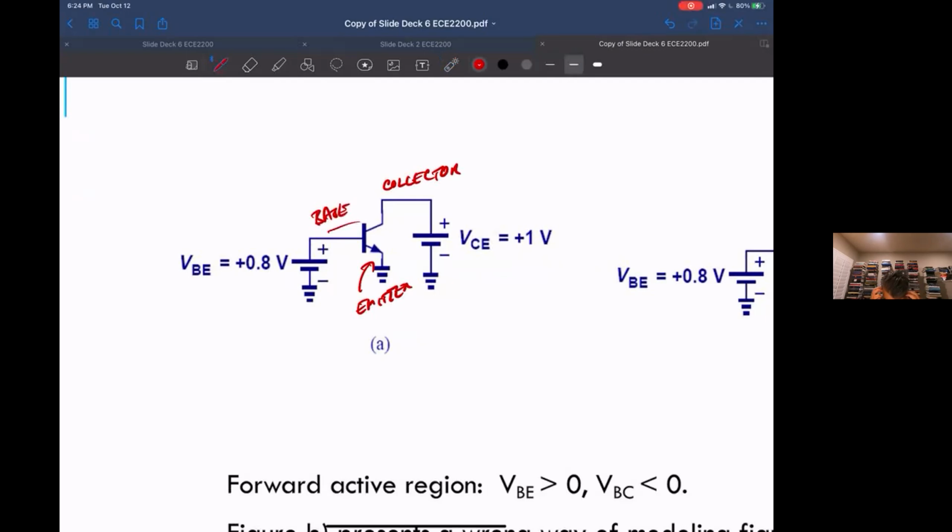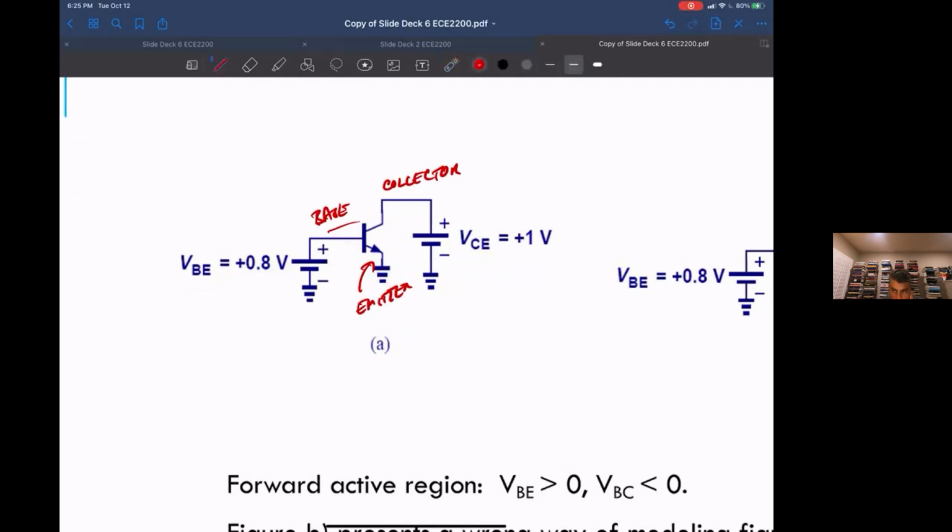The forward active region is when you forward bias the base-emitter junction. In this case, the emitter is connected to ground, or 0 volts, and the base-emitter voltage is 0.8 volts.